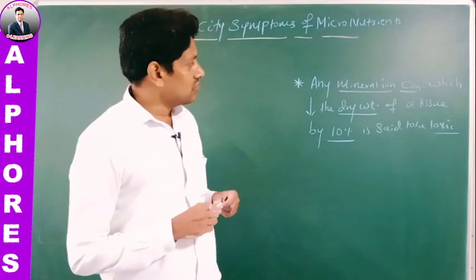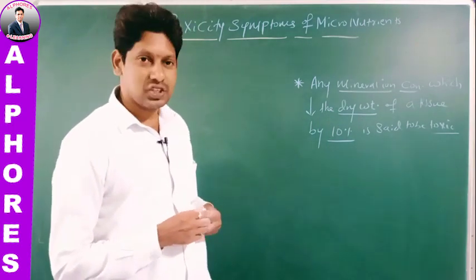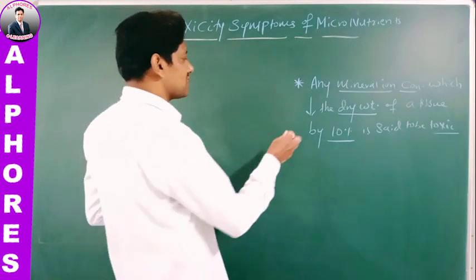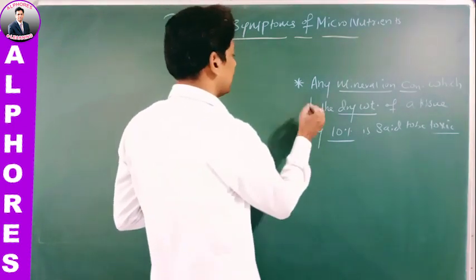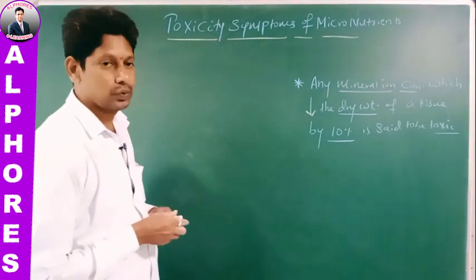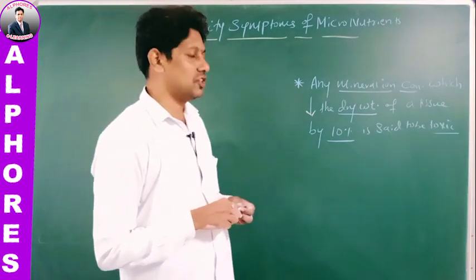See this statement once. Any mineral ion concentration which decreases the dry weight of a tissue by 10% is said to be toxic.